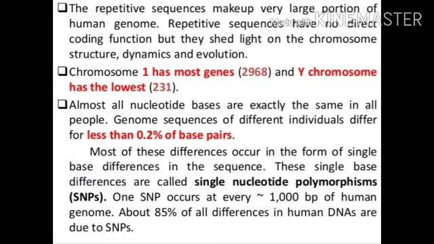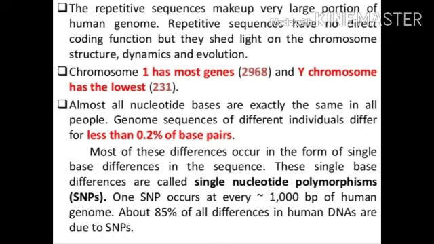Almost all the nucleotide bases are exactly the same in all people. Genome sequences of different individuals differ by less than 0.2% of base pairs. Most of these differences occur in the form of single base differences in a sequence, known as SNP, single nucleotide polymorphism.